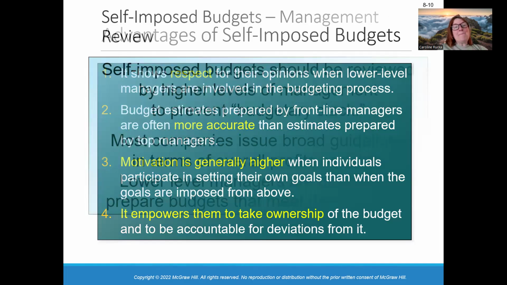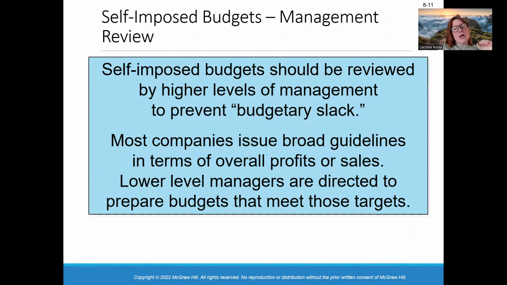But you should review these budgets. Don't just throw it to your frontline managers and say, you write me a budget and I'll go with whatever you say. There should be some form of review to prevent budget slack. I think any of us who have been associated with any kind of government contract or civil service, we're all familiar with that concept.